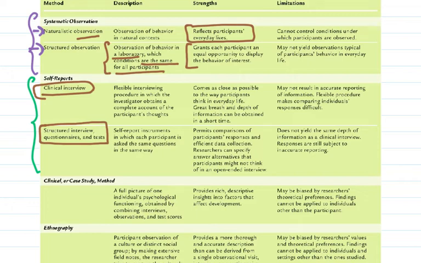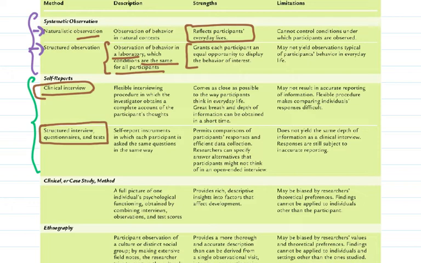In a clinical interview, the strength is that it comes as close as possible to the way participants think in everyday life. You get to really understand how they think about a phenomenon because you're interviewing them in so much depth. However, in a questionnaire, the strength is that you get to compare participants' responses.